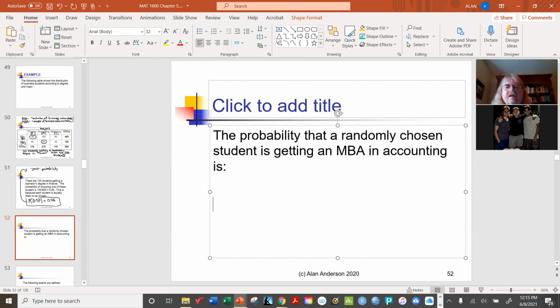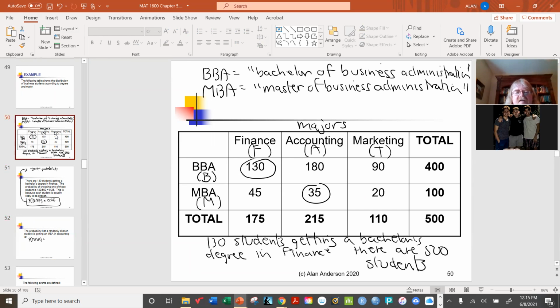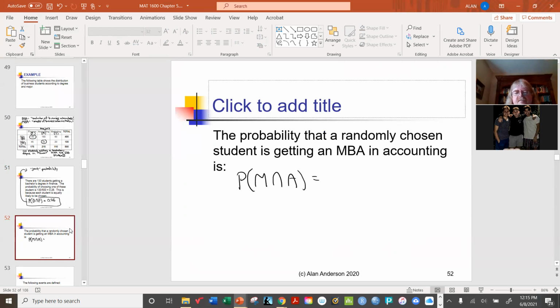Okay, so you can write it as the probability of M intersect A. And again, that would be 35 out of 500, or approximately 7%.